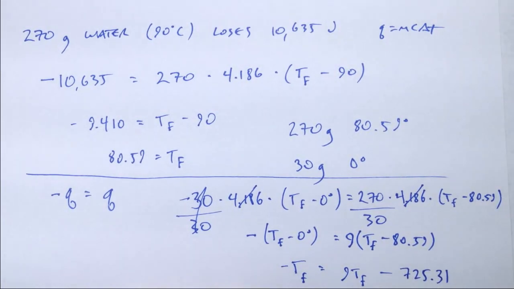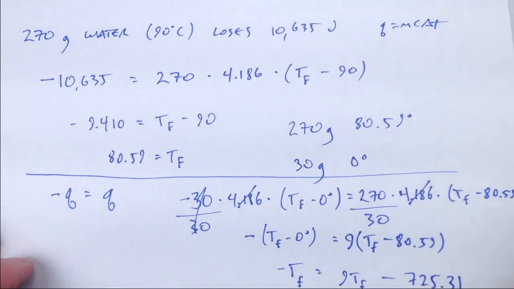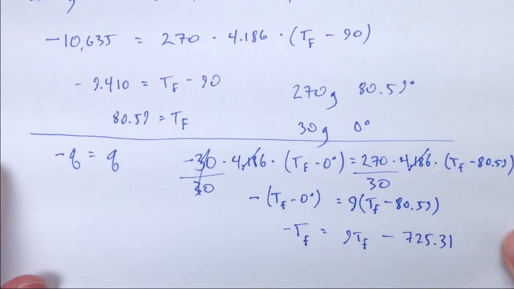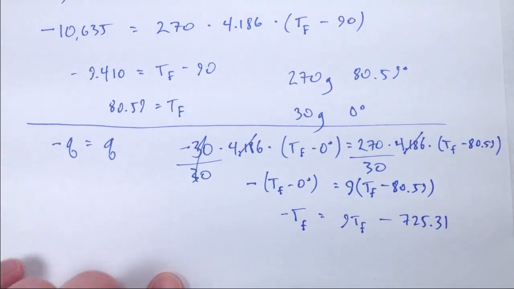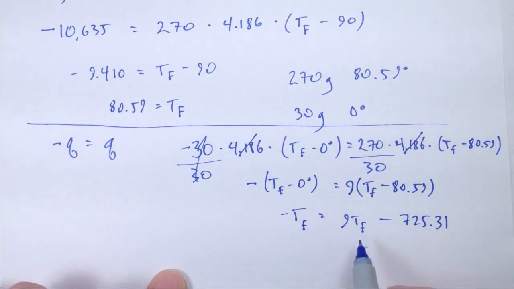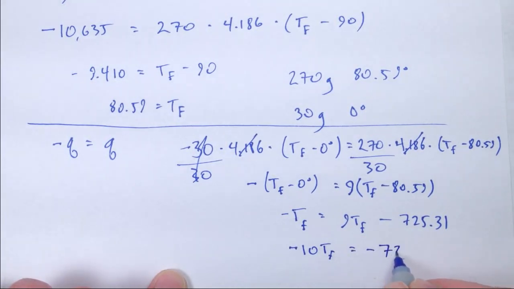All right, I am almost out of room here. I'm going to scoot that up. Sorry to make some of the notes disappear. So I can just subtract 9 TF from both sides, end up with minus 10 times the final temperature equals negative 725.31.